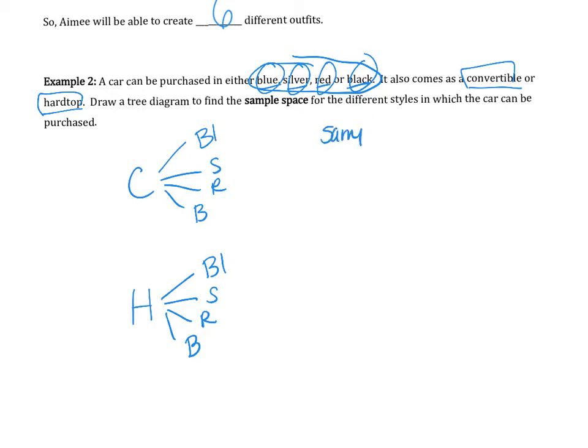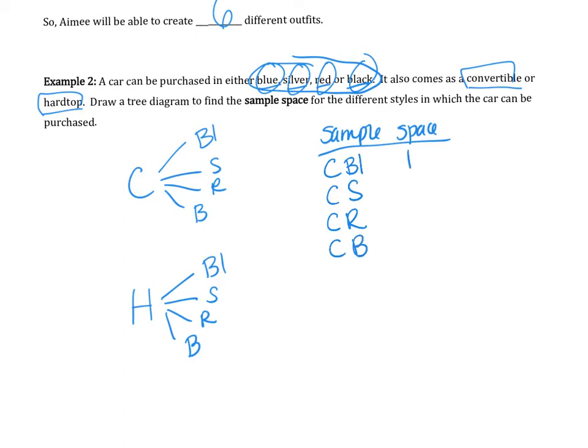That was simple. Now the sample space, again, comes from your tree diagram. It needs to list all of the outcomes, here, here, here, here, 1, 2, 3, 4. So we should have 8 in the end. The first ones would be convertible in blue, convertible in silver, convertible in red, and convertible in black.